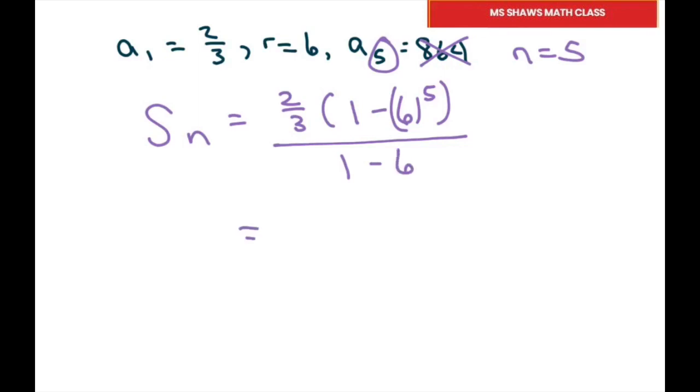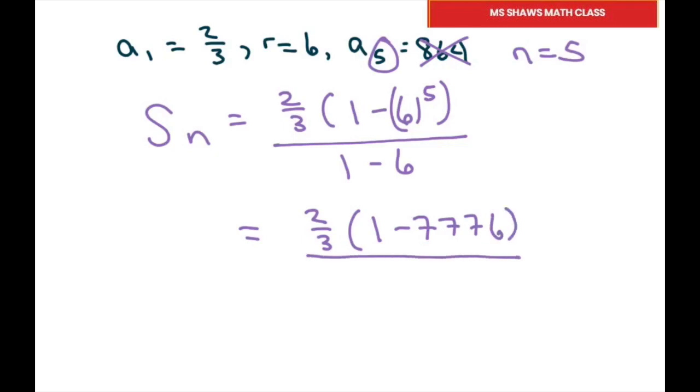All right, so there's going to be 2/3. And let me see if I can put this in the calculator correctly. 6 to the 5th is 7,776 divided by negative 5.